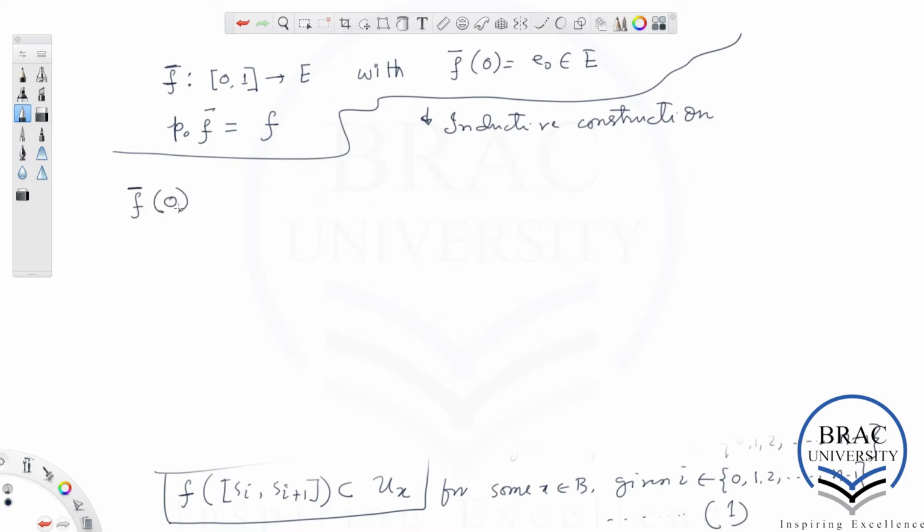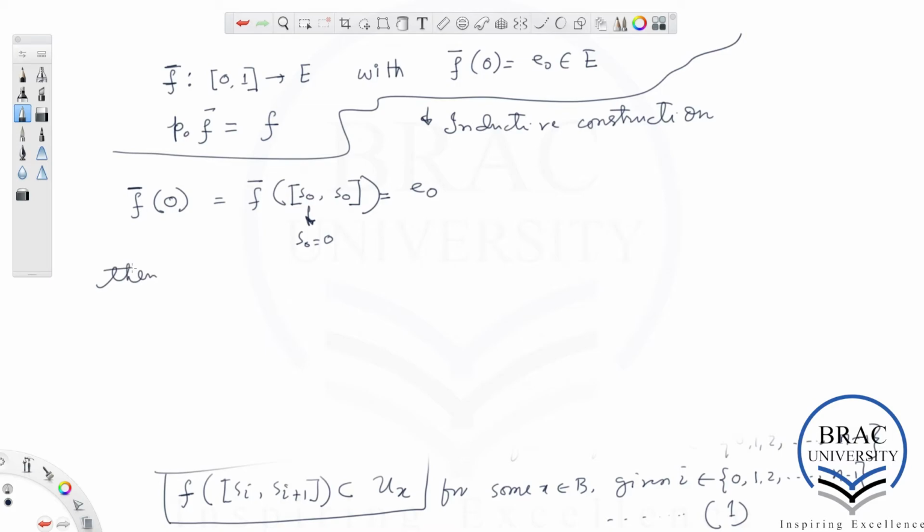F bar of 0 is F bar of the interval from S0 to S0, which is nothing but 0. Since S0 is equal to 0, the closed interval from S0 to S0 is 0 itself, and this by definition is E0. So this is the base case.